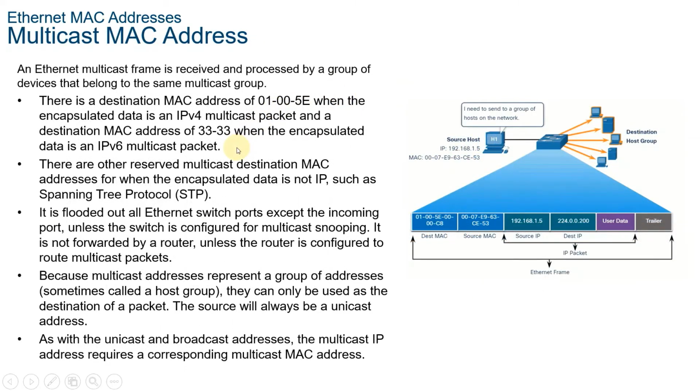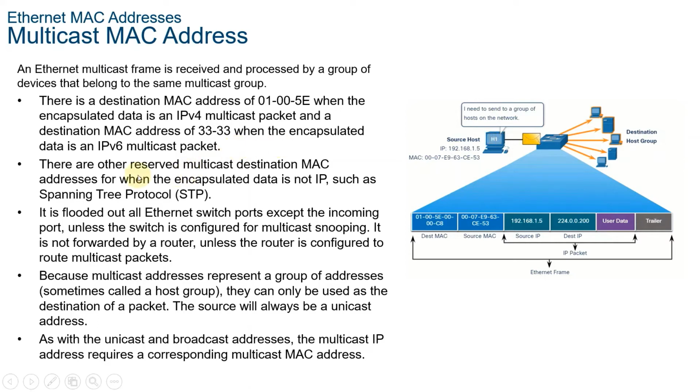All right, so the next one is a multicast MAC address. An Ethernet multicast frame is received and processed by a group of devices on the Ethernet, belonging to the same multicast group on the LAN. The features of Ethernet multicast frames are as follows.